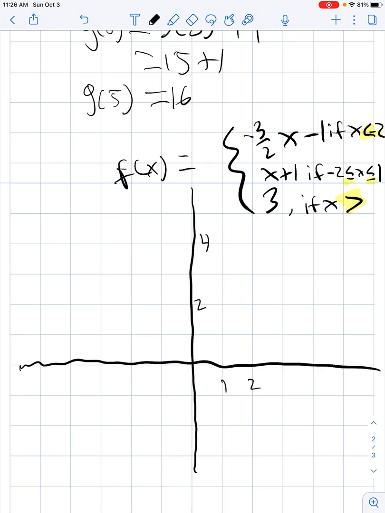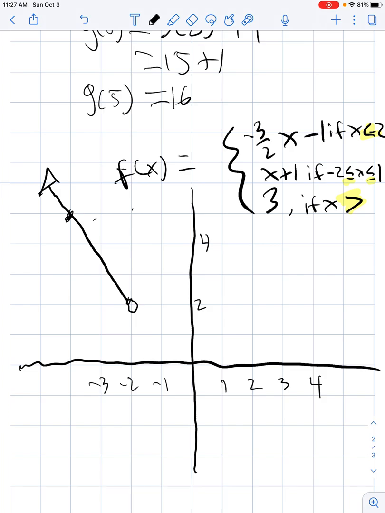So let's see here. 2, 4, 1, 2, 3, 4. Okay. So when x is less than negative 2, so negative 1, negative 2, negative 3, I'm going to start here. I'm going to use an open circle because it does not equal to. So I'm going to use an open circle, and then my slope is negative 3 over 2. And I would draw my line like that.